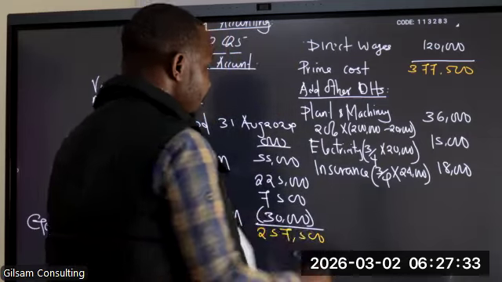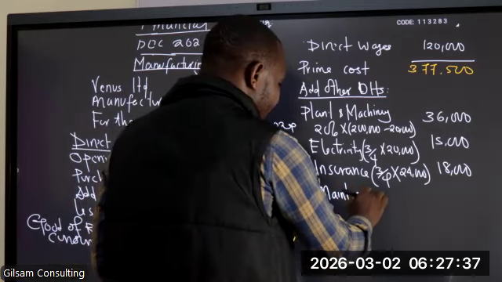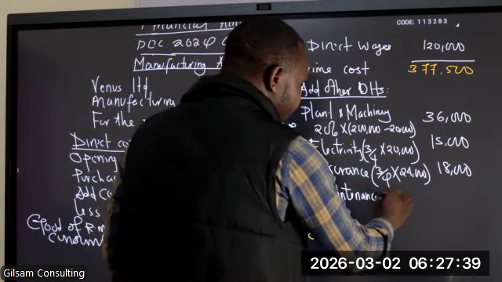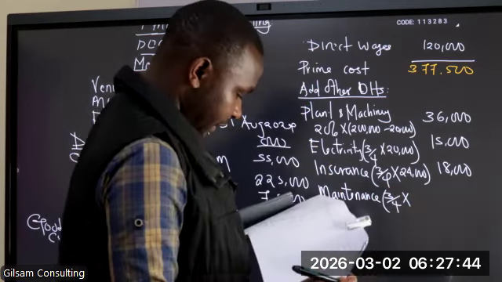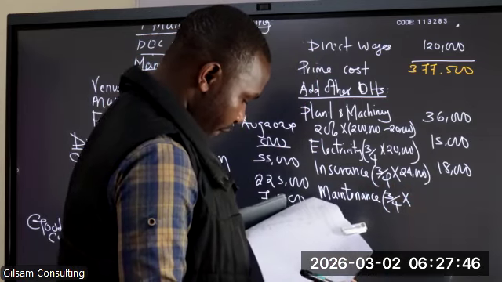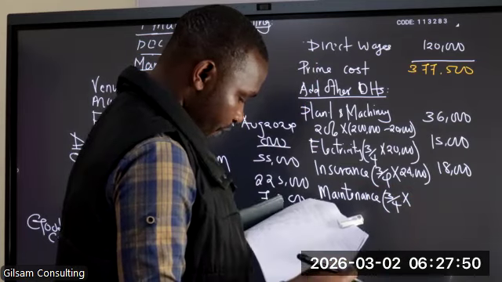Maintenance cost: three over 4 multiplied by the value of maintenance cost, 34,000.